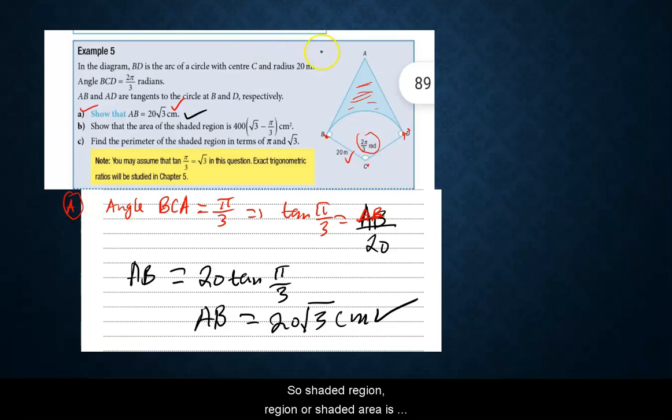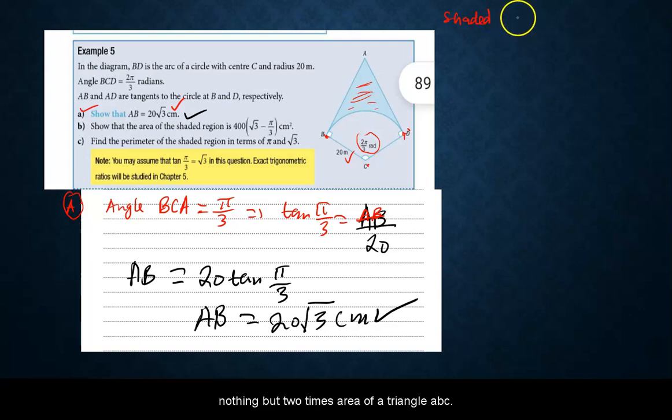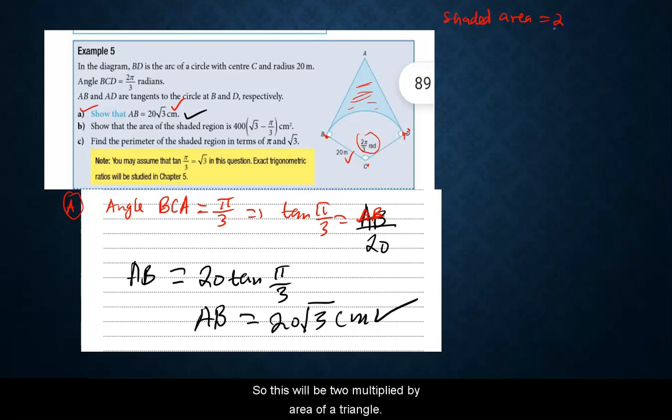The shaded region or shaded area is nothing but 2 times the area of triangle ABC. So this will be 2 multiplied by the area of a triangle. So we look at the area of a triangle. This side represents triangle ABC.